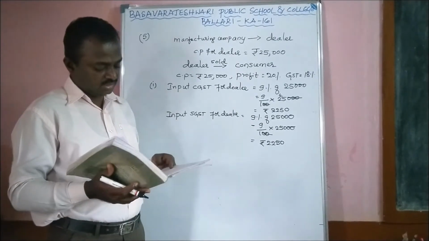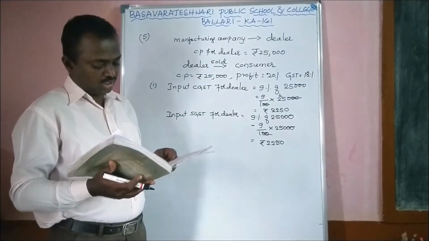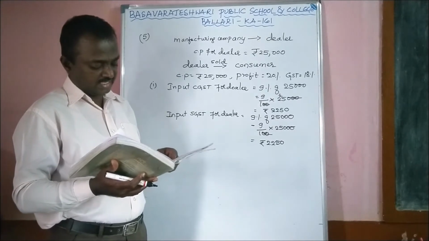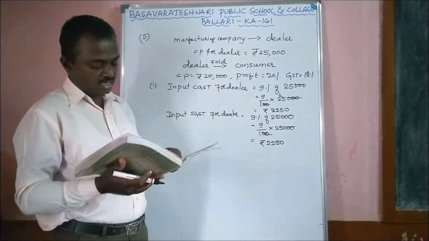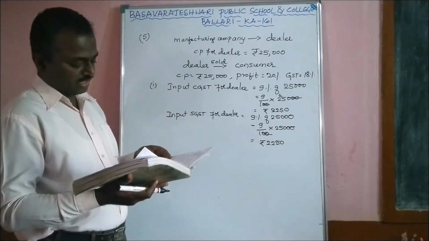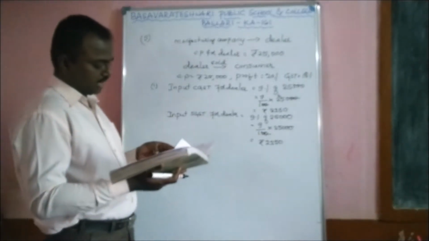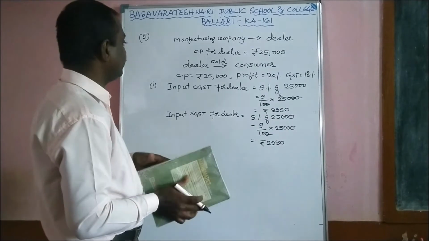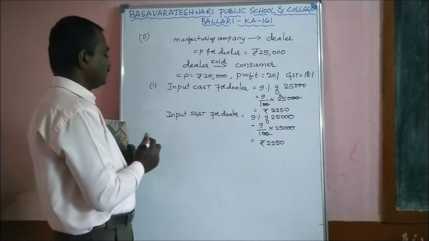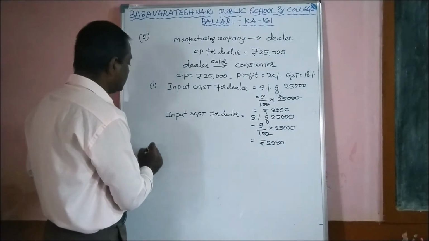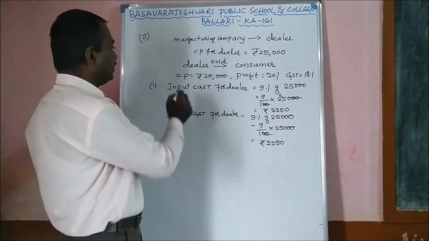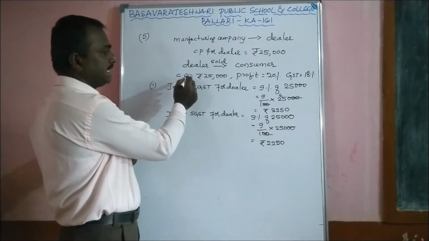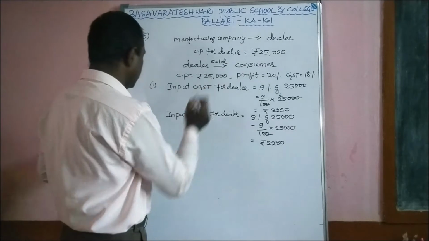Second answer is the amount of GST payable by the dealer to the government. So how much he has to pay? Now we come to the second point. In order to find that out, first we have to find out for how much selling price he sold.